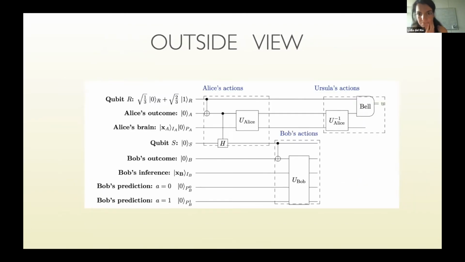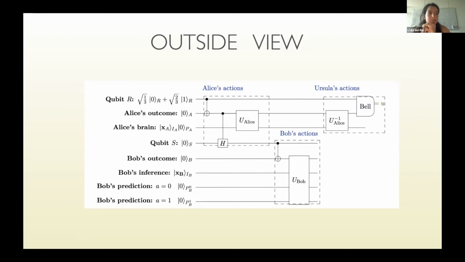Remember that Ursula's job is to try to simulate what Bob's prediction is. So she's going to have to run a couple of simulations. This is just like in the three beer example.